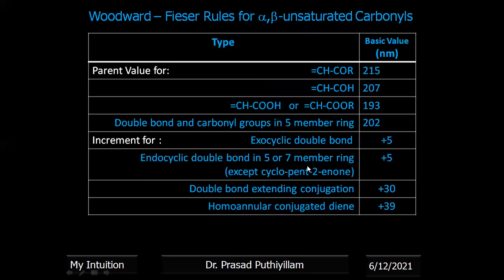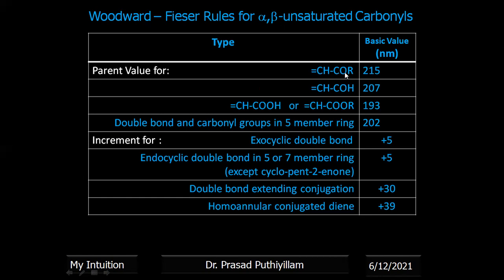There are different types of values given, in which some are the parent values and some are the increments, based on the presence of which we need to add. So if it contains a C=O, this oxygen is double bonded with that carbon, so it is a carbonyl compound, having a double bond at the alpha position, alpha beta unsaturated.